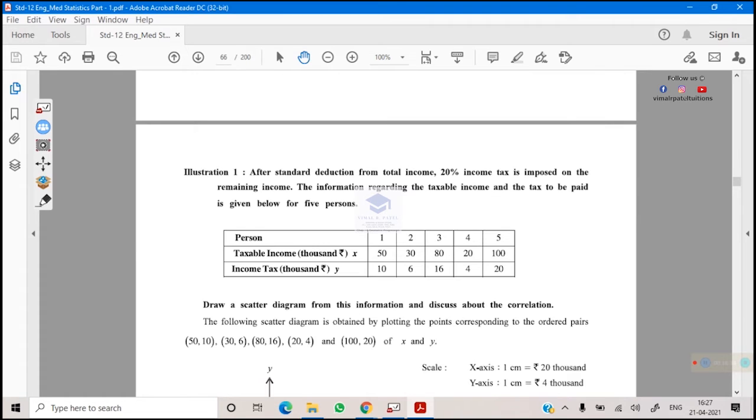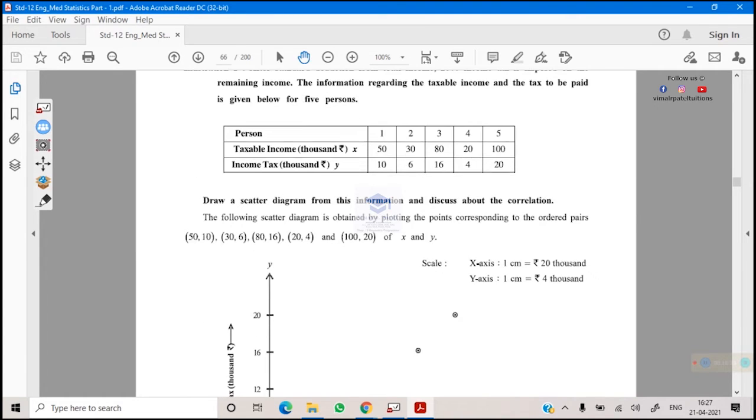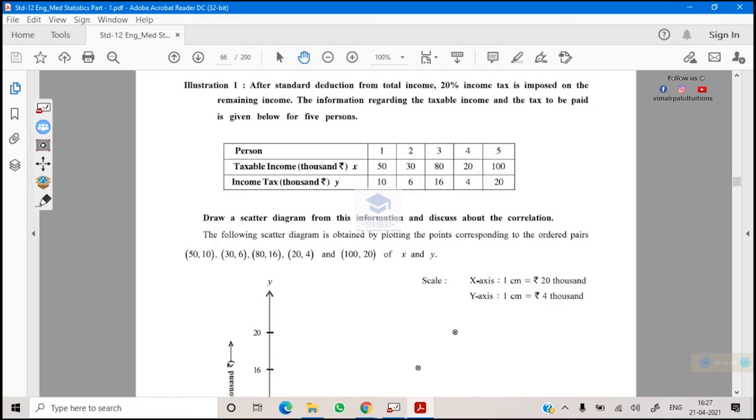See, illustration 1. After standard deduction from total income, 20% income tax is imposed on the remaining income. So whatever you are earning, 20% will be taken by the government in the form of tax. The information regarding taxable income and tax to be paid is given below.